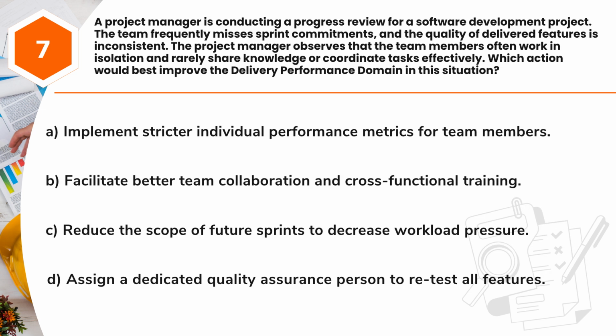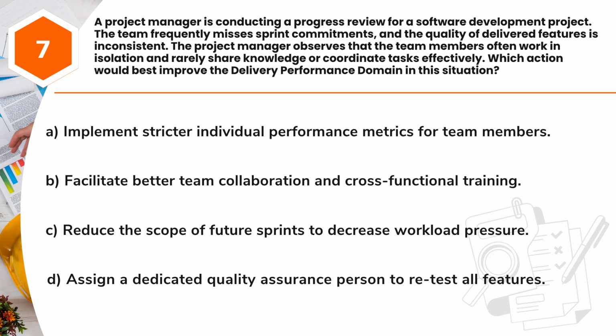Question 7. A project manager is conducting a progress review for a software development project. The team frequently misses sprint commitments, and the quality of delivered features is inconsistent. The project manager observes that the team members often work in isolation and rarely share knowledge or coordinate tasks effectively.